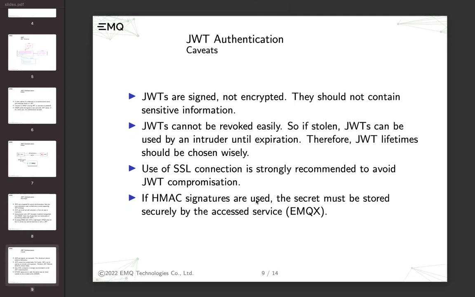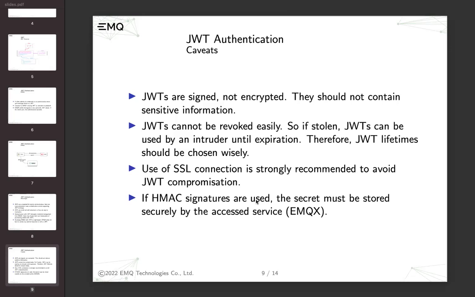Also, JSON Web Token authentication has some caveats. That is, JSON Web Tokens are not encrypted. They are signed. That means that JSON Web Tokens just cannot be forged by a client, but they may be stolen.